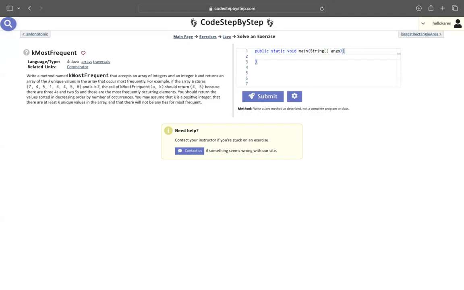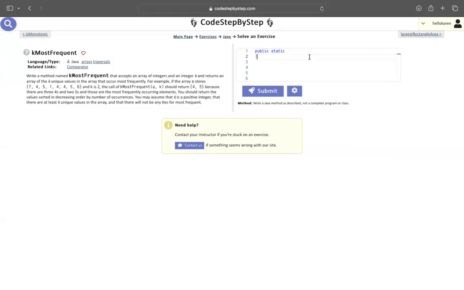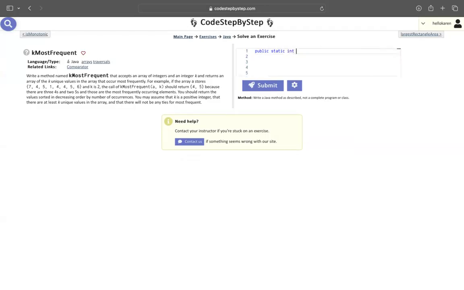So that's the main method. You want your method to be called k most frequent, and you want it to return an array of integers. So it would not be the main method header. Instead of main, public stuff. Like this. Yep, that's the return type.